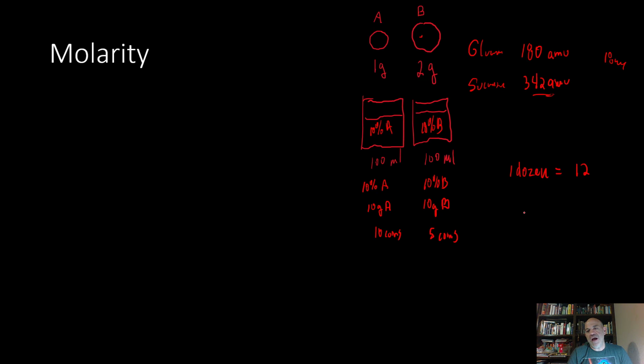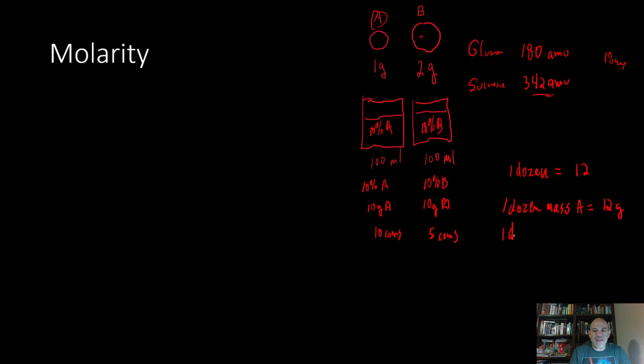And so very quickly we start to think, well, if we had a dozen sucrose molecules, that's going to be more than what a dozen glucose molecules would be. They're going to have different masses, but there's a certain mass connected to that dozen. So let's say if we had a dozen coin A's, then let's call that the dozen mass for A. The dozen mass for coin A would be equal to 12 grams.